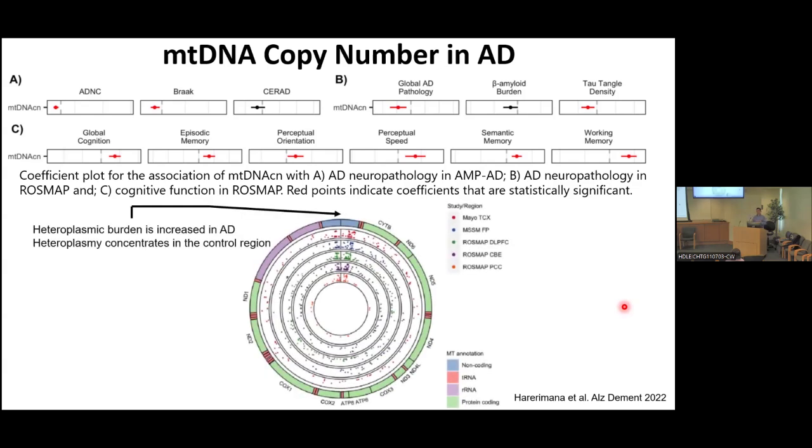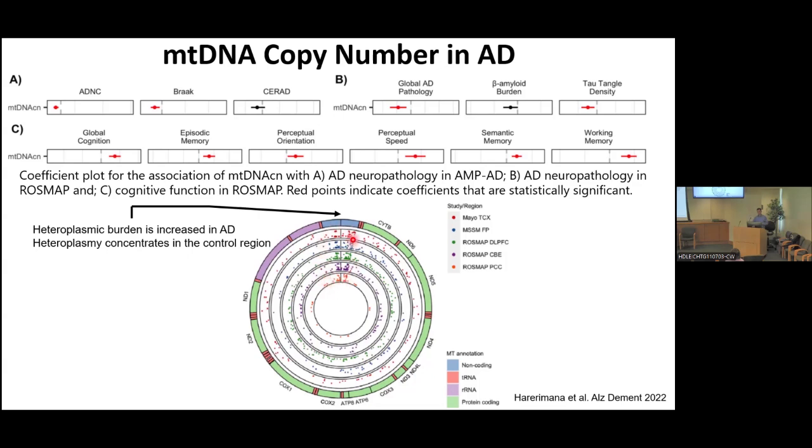You can also, from these brains, ascertain heteroplasmic mutations. That's what this circos plot is showing. Each circle on the circos plot is showing heteroplasmic mutations in different brain regions from different cohorts contributing to the AMP-AD consortium. You can see here that there is this massive accumulation of heteroplasmic mutations in a region called the control region.